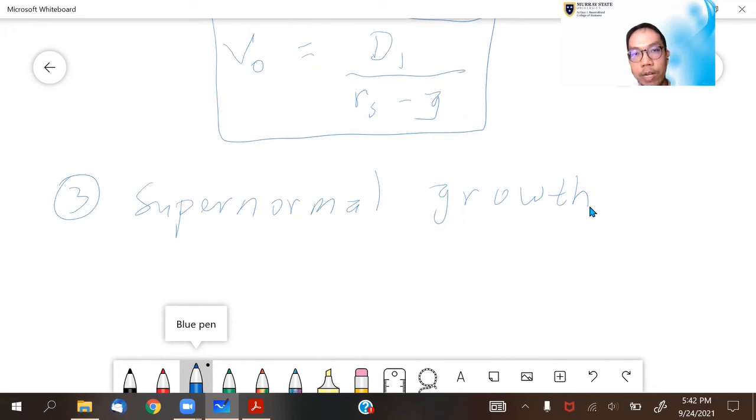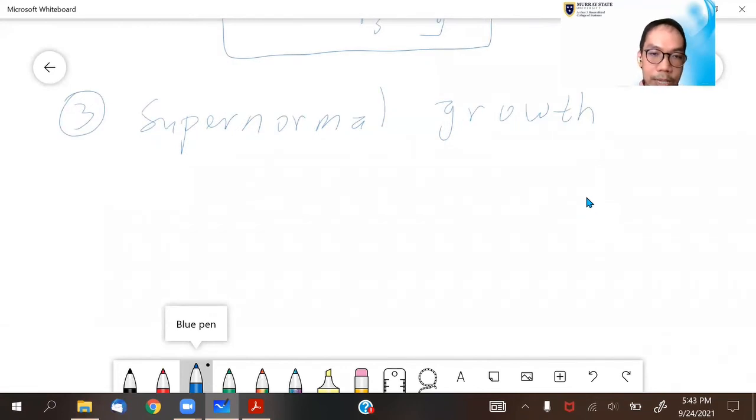You can imagine if you have a product or a company, at first it will grow quite high for the next maybe 5 or 10 years, and then the growth rate will decline gradually for the subsequent 10 years, and so on. And finally, at one point in time, the growth rate will be constant forever. So we have seen examples of calculation in the class.